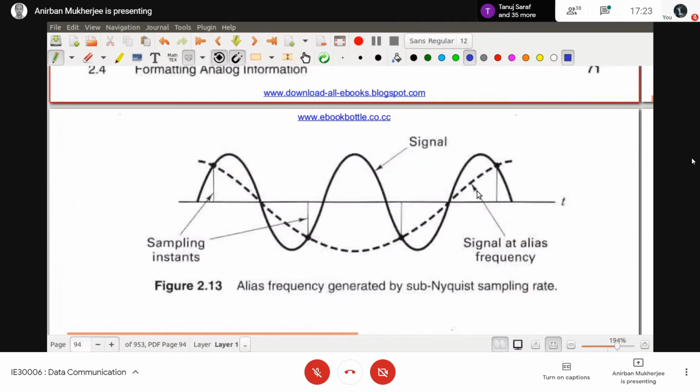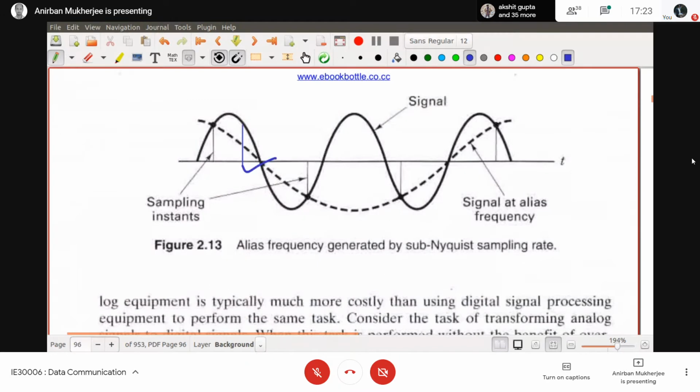Now, what is the sampling? Signal aliasing means that if you sample at a lower rate, what will happen to the sinusoid? Say my actual signal is this one.